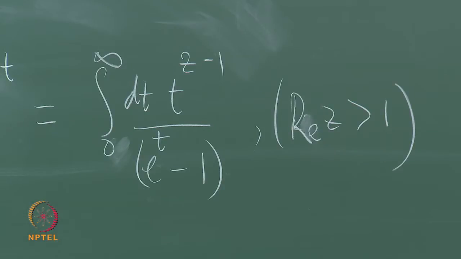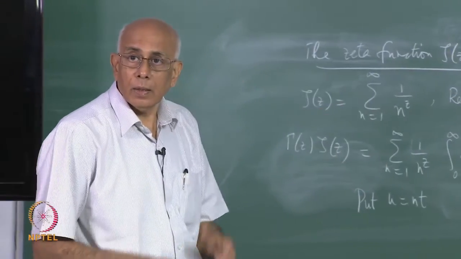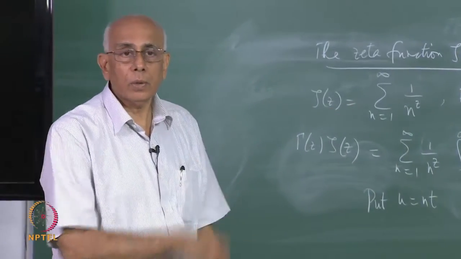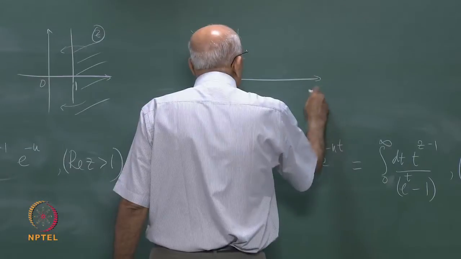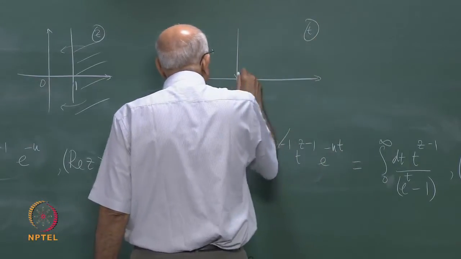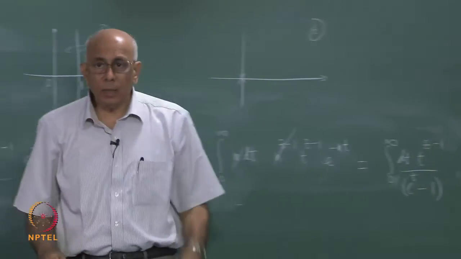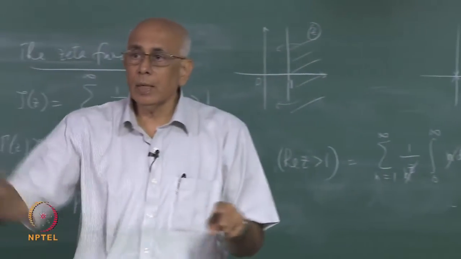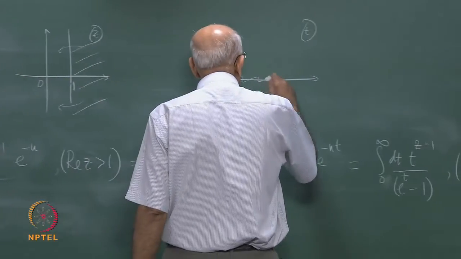But now we can play the trick that we played earlier with regard to that integral. To get rid of the singularity at 0, I convert it to a contour integral. So once again I resort to contour integration by saying I look at the t plane, and this factor t to the power z minus 1 has a branch point at t equal to 0 and t equal to infinity. I draw a cut between the two in this fashion.